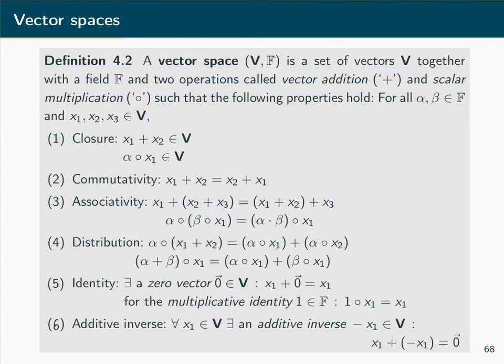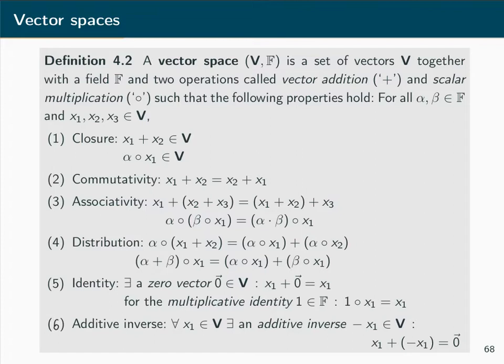Fourth, distribution. If I add two vectors x1 and x2 and multiply the result with a scalar alpha, then this will give me the same vector as if I multiply the scalar alpha with x1 and the scalar alpha with x2 and then add the two resulting vectors together.